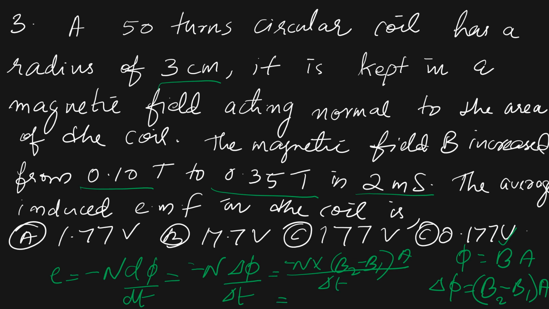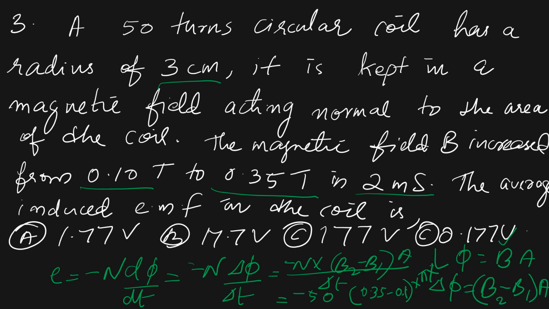Just substitute the values. N is 50, B2 minus B1, that is 0.35 minus 0.1, into area. It is a circular coil, so area is pi into r square.